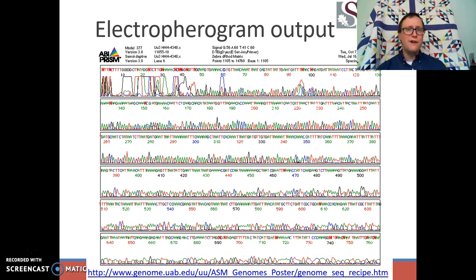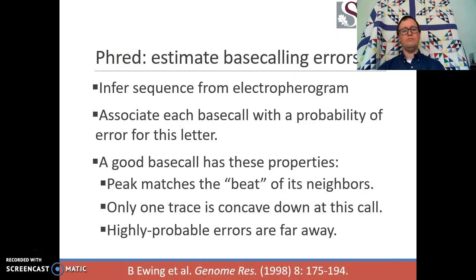But we'd really like a finer-grained approach of being able to assign a base call, which is to say a letter read from this electropherogram, and to evaluate the quality of that individual base. Now, Phred was software that was created all the way back in the 1990s by the group of one of the members of my PhD committee, Phil Green.